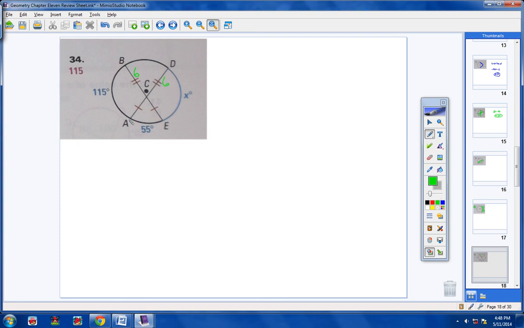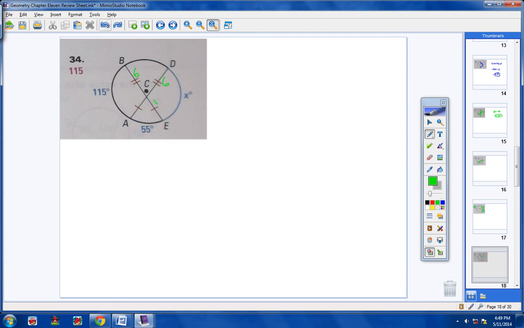And then notice how this segment from here to here has 1 mark. And notice how the segment from here to here has 1 mark. Well, that means they're congruent. Let's say those have a length of 4. So this segment here is 4, and this segment here is 4. Well, that means this entire segment is 10, and that means this entire segment here is also 10. So do you see, it doesn't matter what numbers you choose, these two chords will be congruent.